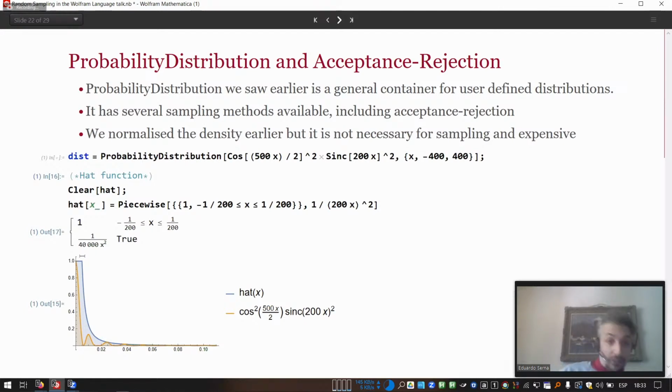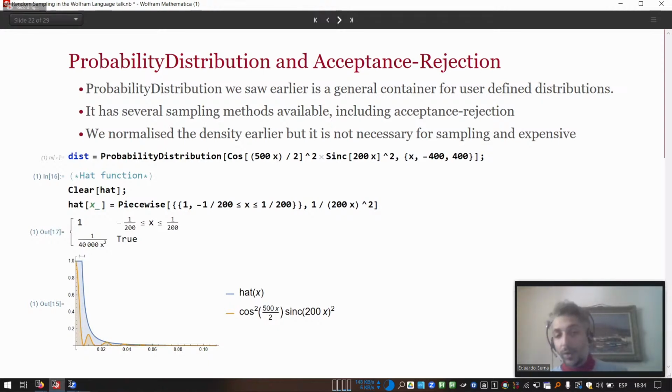So the probability distribution we saw earlier is a general container for user-defined functions, and it has several sampling methods available, including acceptance-rejection. And this is true for other built-in distributions as well, but the built-in distributions have custom code that is optimized for both speed and correctness.